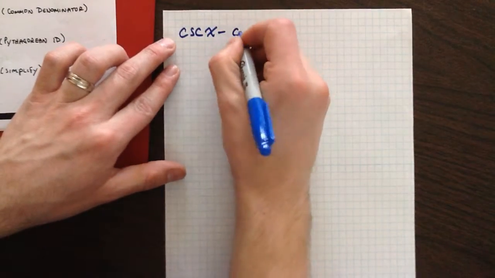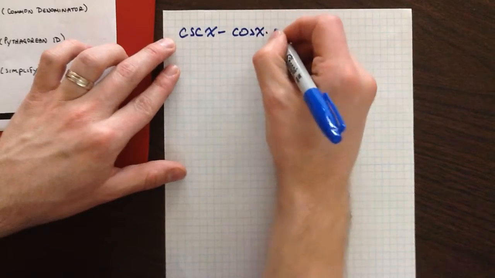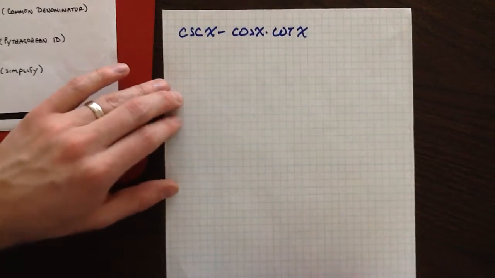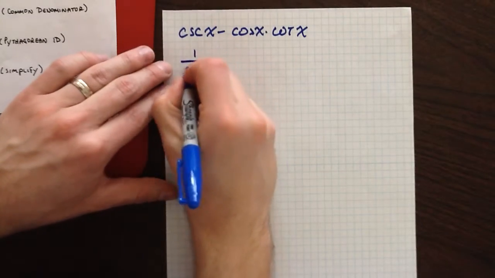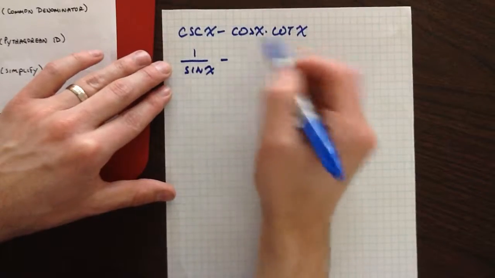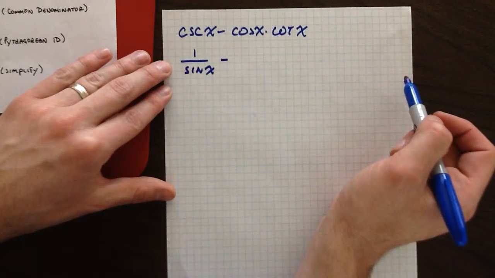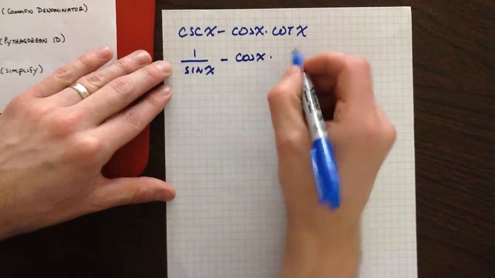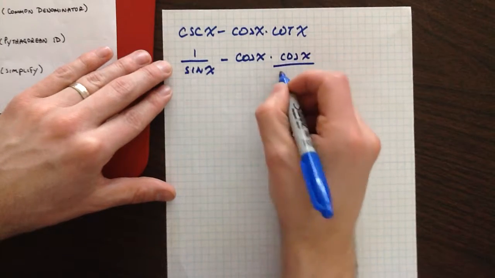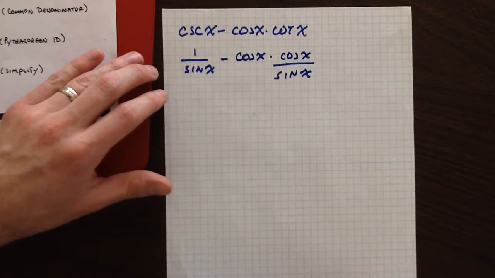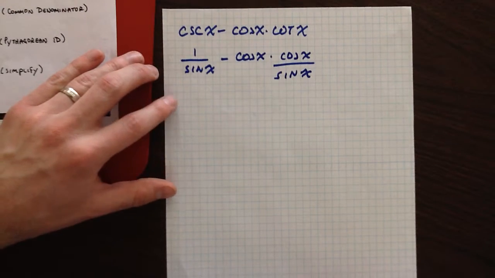Cosecant minus cosine times cotangent. Switch it. We've got 1 over sine minus, what happens to the right? We see anything?